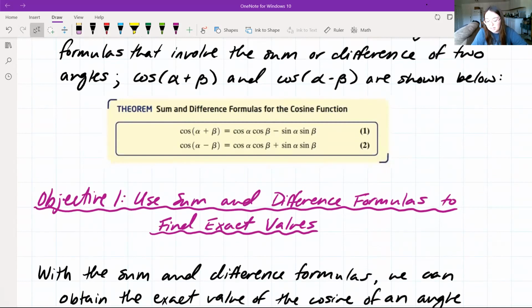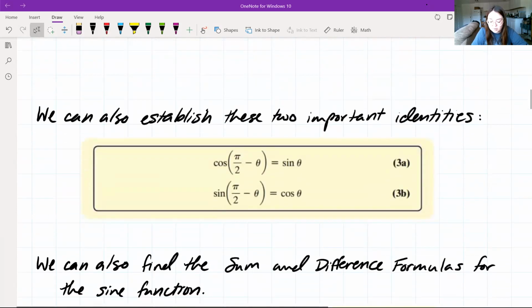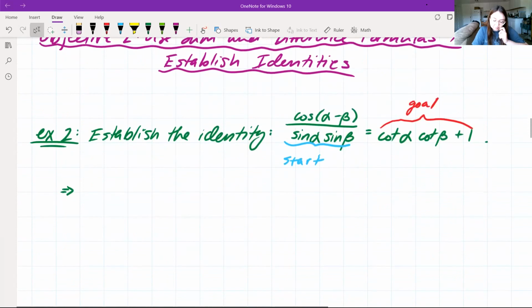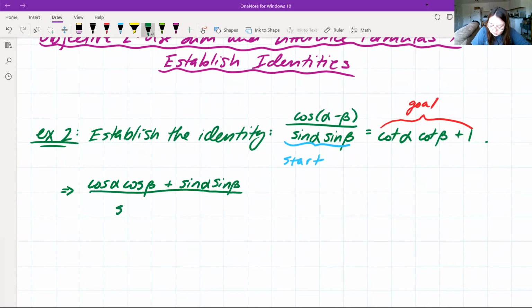So cosine of alpha minus beta is the same thing as cosine of alpha times cosine of beta plus sine of alpha times sine of beta. So let's write that out. We have cosine of alpha times cosine of beta plus sine of alpha times sine of beta, and this is all divided by sine of alpha times sine of beta.